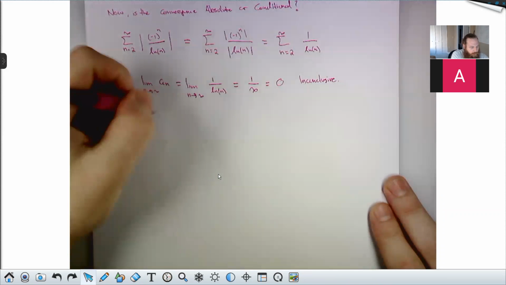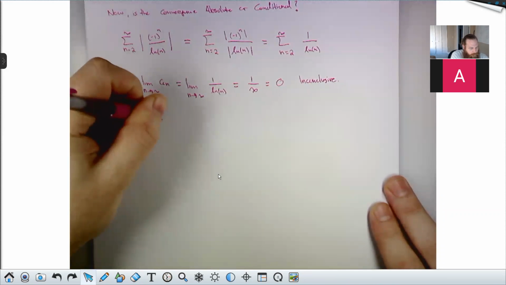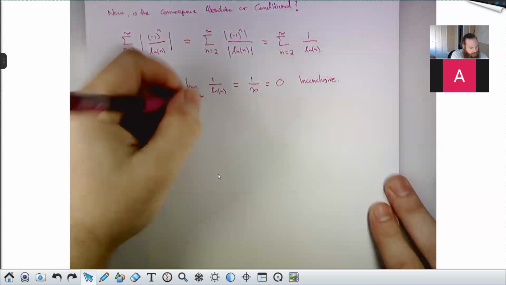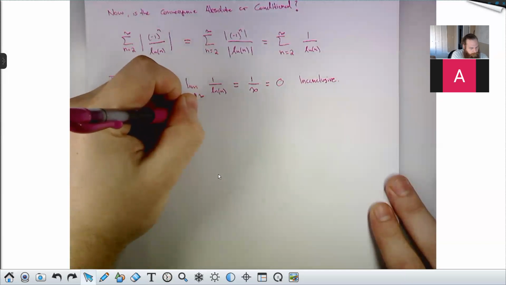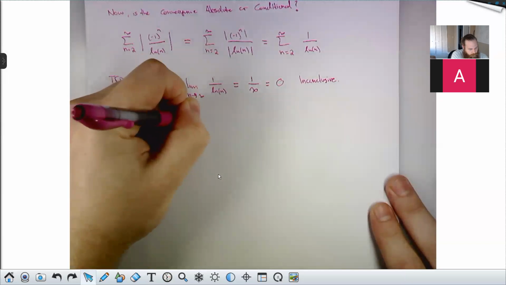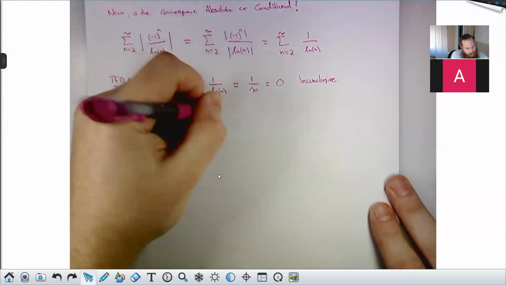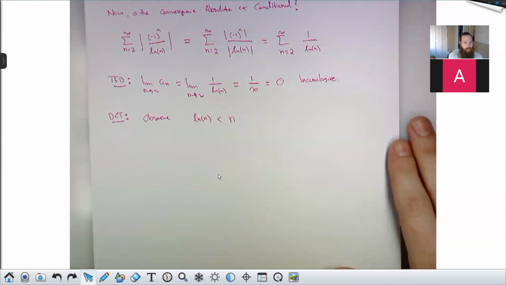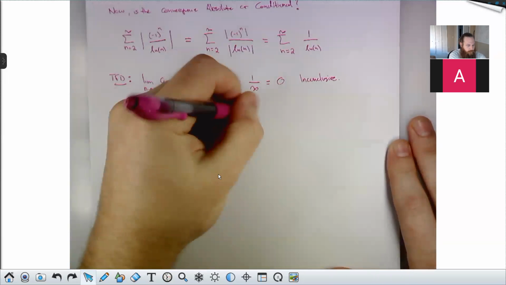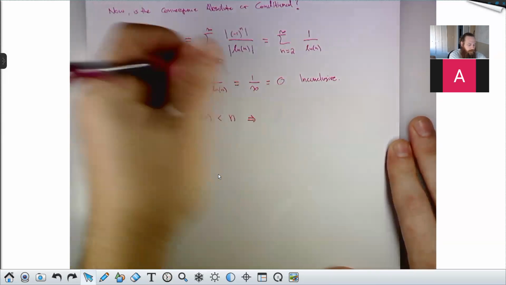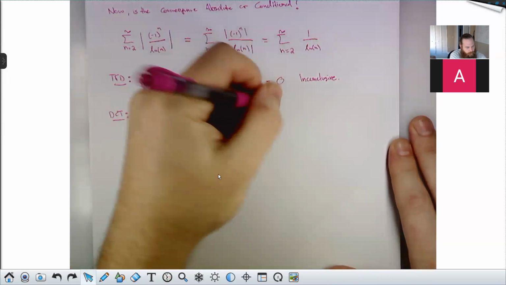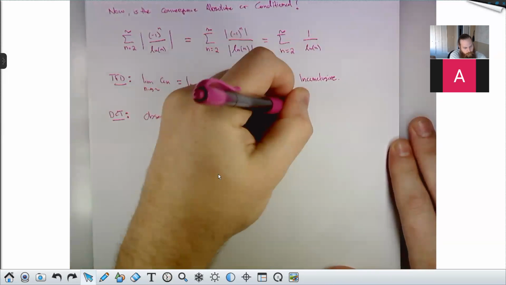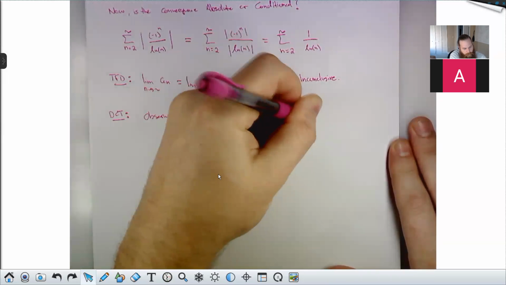So the way I would begin here is by saying we can observe that the natural log of n is smaller than n itself, which implies that 1 over n is smaller than 1 over the natural log of n.